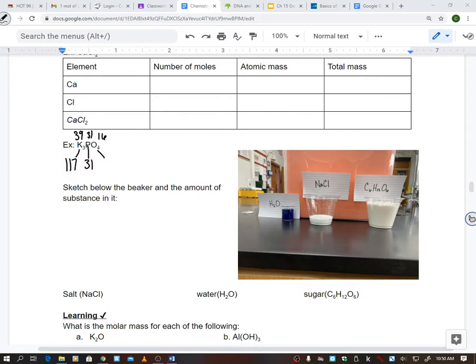Now oxygen is 16, but there are 4 oxygens, so that is 64 altogether. So then the total weight of this, 117 plus 31 plus 64, is 212 grams. I could also say 212 grams equals 1 mole of K3PO4.